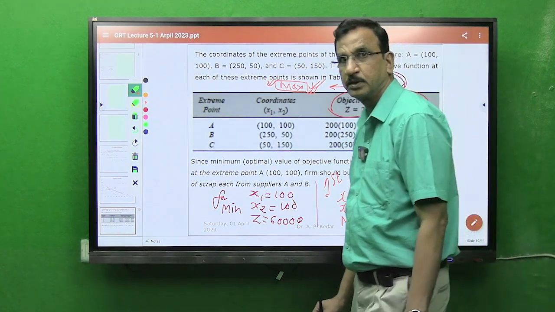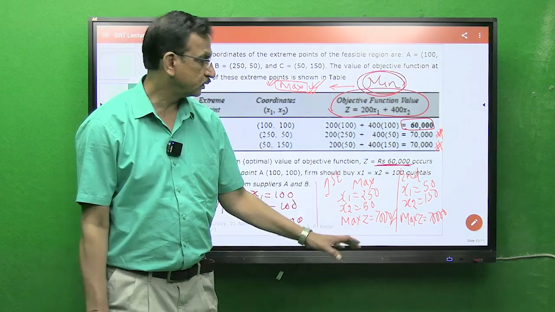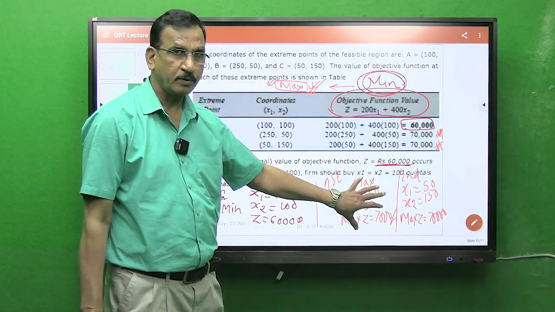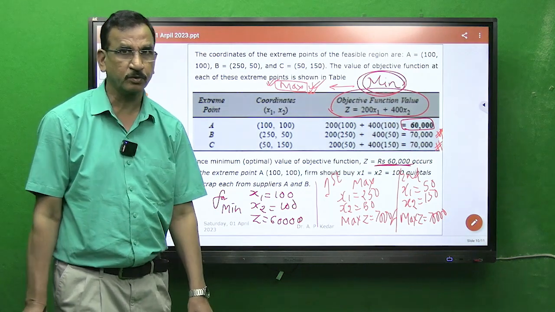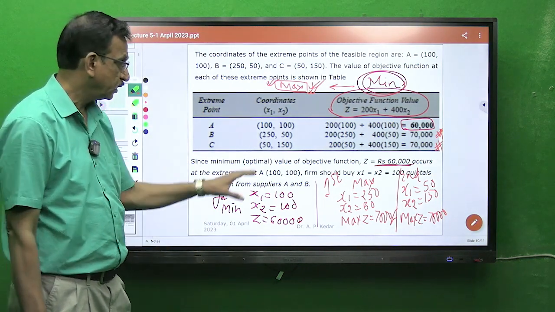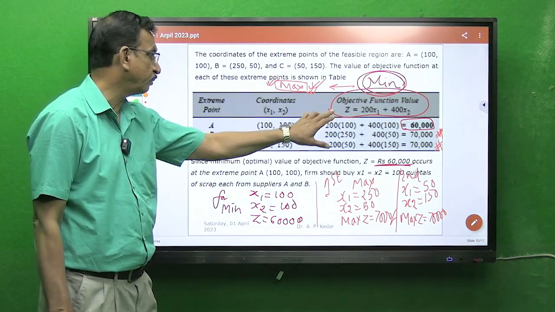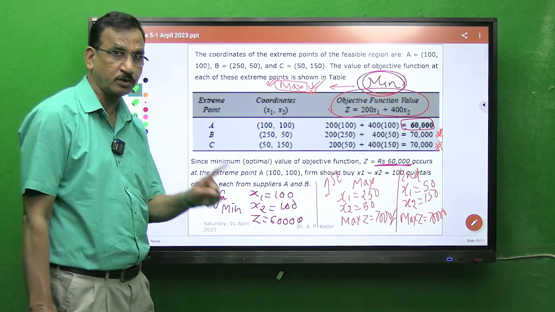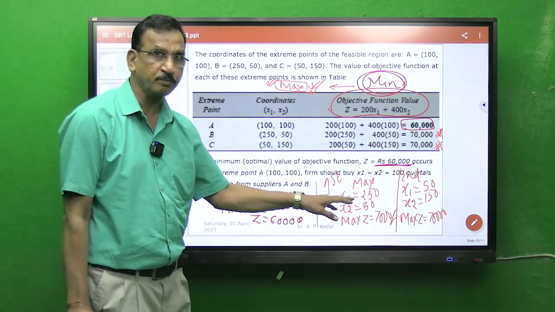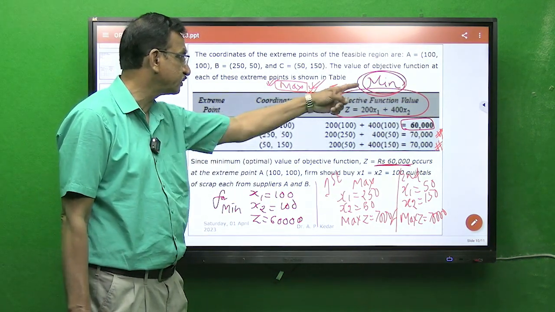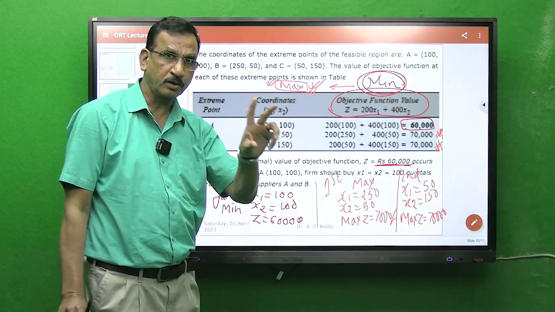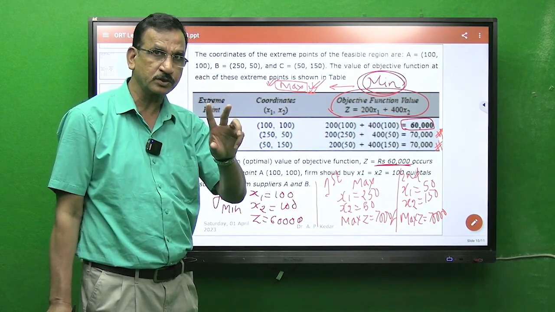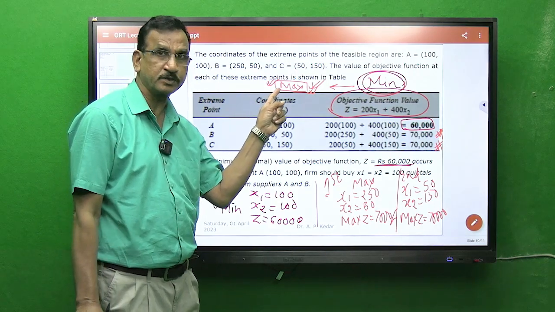So students, this is very important that for the same problem you may have more than one solution depending on the objective function asked. For this problem, if objective function is minimized, there is only single solution. But for the same problem, if objective function I change from minimize to maximize, I get two answers for that maximize problem.